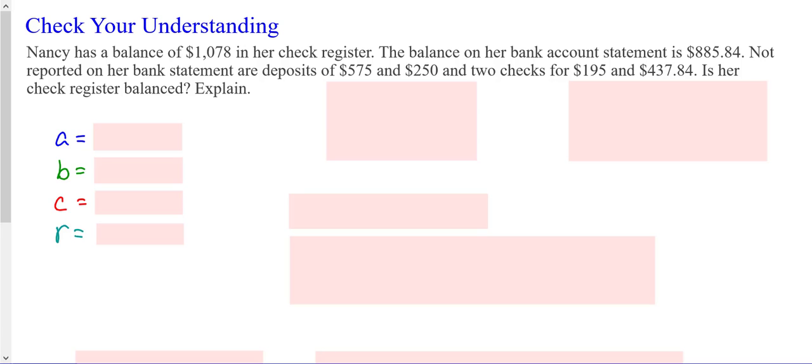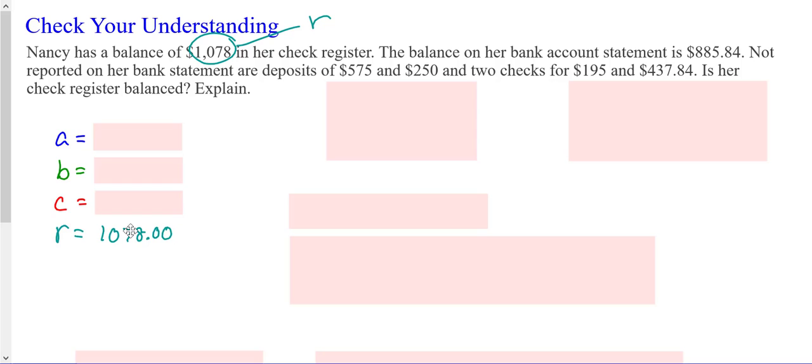So let's use this algebraic expression. Nancy has a balance of $10.78 in her check register. So this is going to be our R. Okay, so that is going to be our R amount.